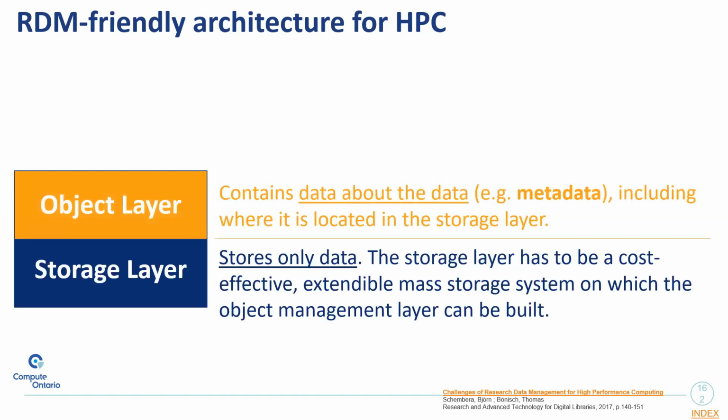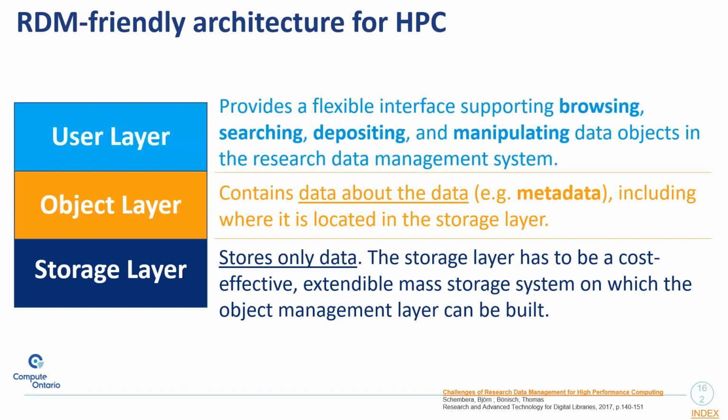The object layer contains data about the data, so metadata, including where it is located in the storage layer. And finally, a user layer, which provides a flexible interface for supporting browsing, searching, depositing, and manipulating data objects in the research data management system. And it also supports and facilitates creating, adding, and augmenting metadata and linking it to the storage layer.